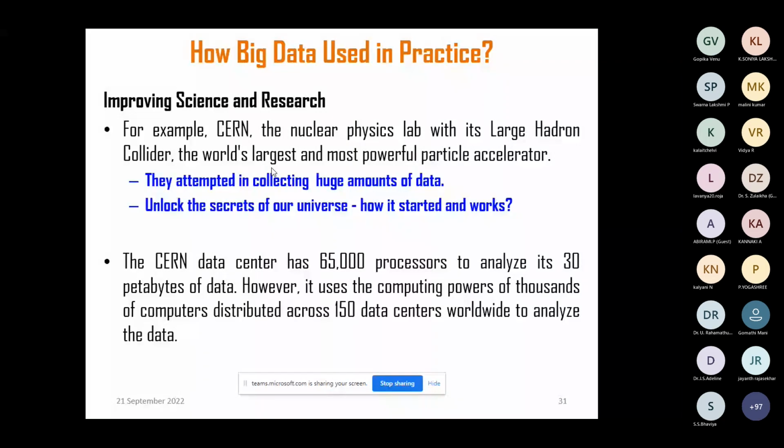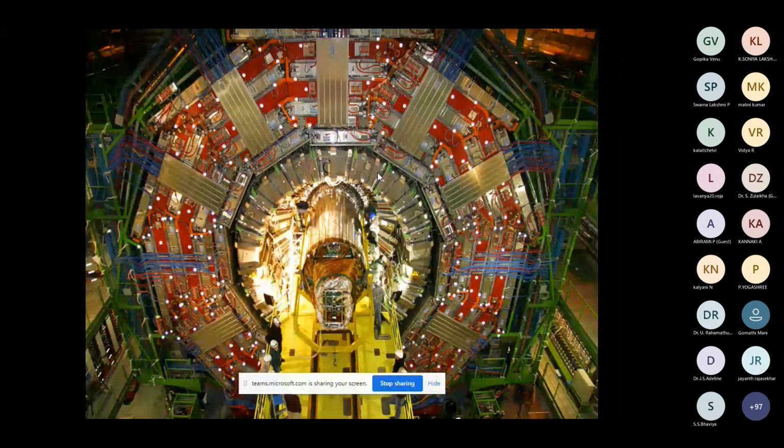The computing power of thousands of computers has been used here. This is one interesting project where they have used big data technology.